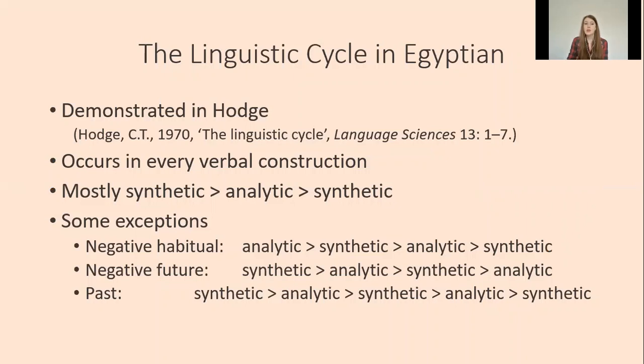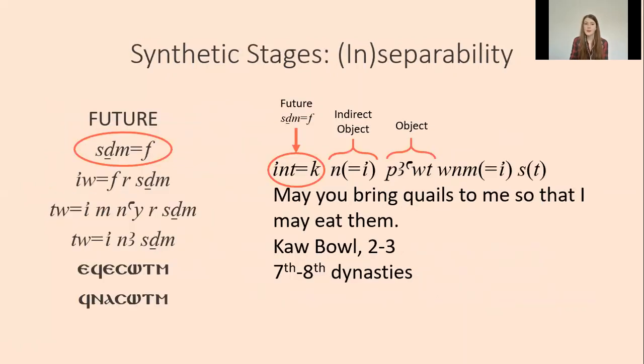A few constructions show a more extended version of the linguistic cycle, such as the negative habitual and negative future constructions, which each have an additional analytic stage in their developments, or the past construction, which has both an extra analytic stage and an extra synthetic stage. Each of these then allows the comparison of their two analytic stages as well as their synthetic stages. But since all constructions have at least two synthetic stages, my comparison will start with those.